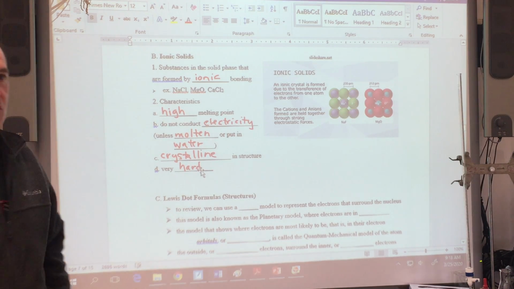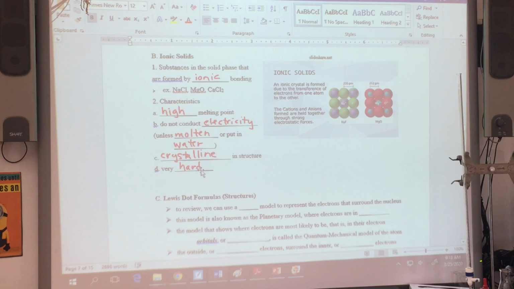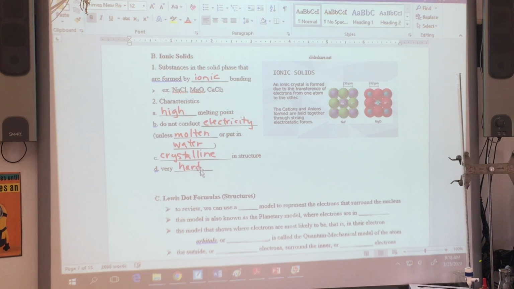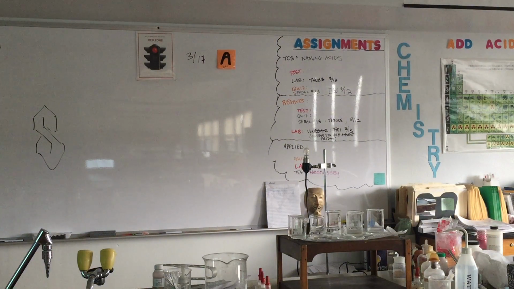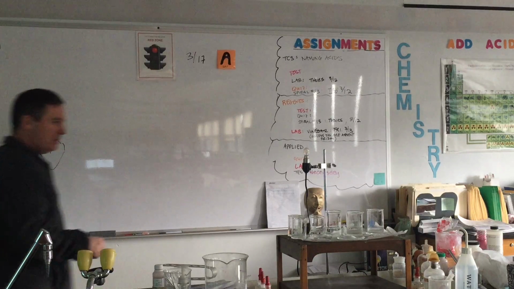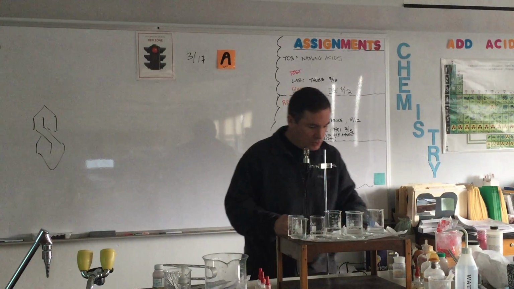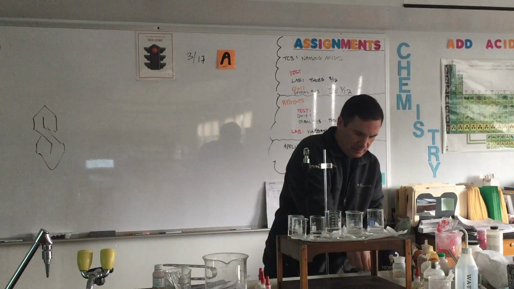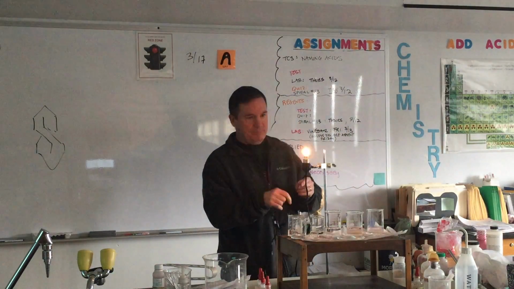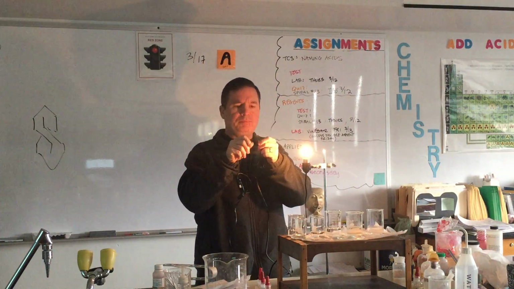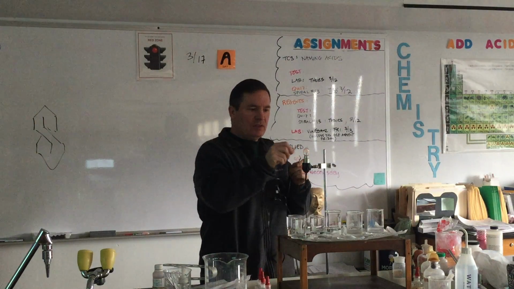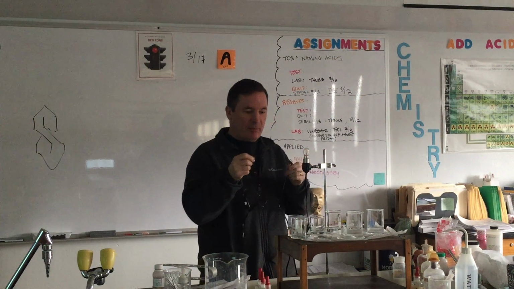Let me see if I can swing this around to show you a quick demonstration I've got set up. So this is a conductivity apparatus. If I take these electrodes, I've basically got this plugged into the wall, and if I let these wires touch, it'll allow the electrons to go through here and light the light up.